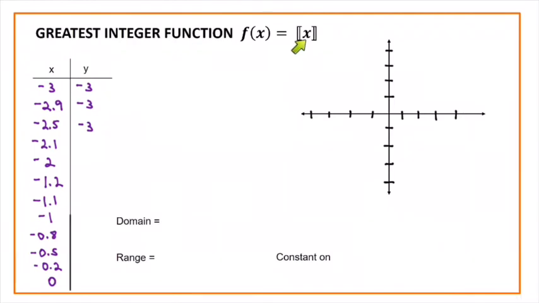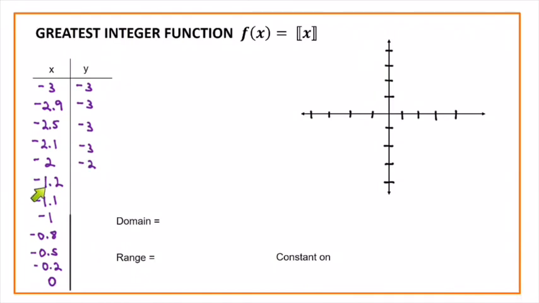And as long as we're plugging in -2 point anything, the integer that's less than or equal to it is always going to be -3. But as soon as we jump to the next integer, which is -2, the greatest integer that is less than or equal to -2 is -2. So you see how the y value jumps from -3 to -2.